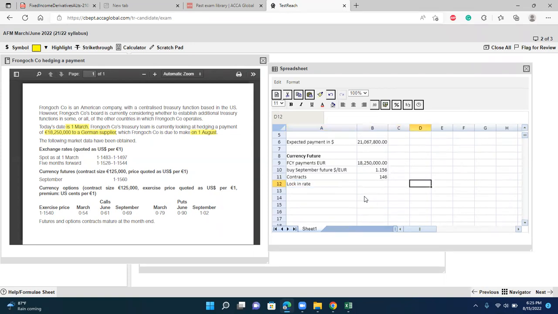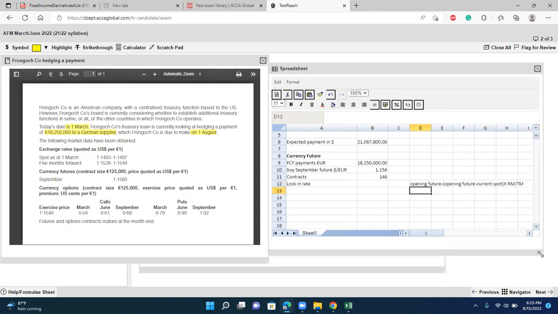The formula of the lock-in rate is opening future minus (opening future minus current spot) into remaining months divided by total months.